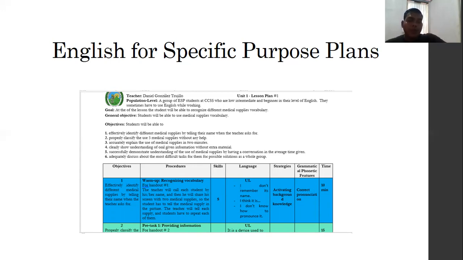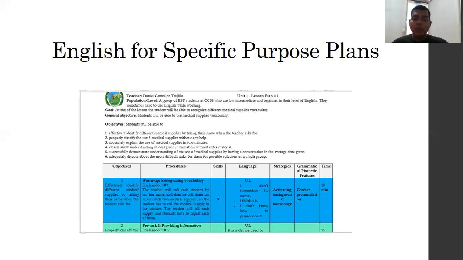And for the specific objectives, I set 6 different objectives. Number one: effectively identify different medical supplies by telling their names when the teacher asks for them.